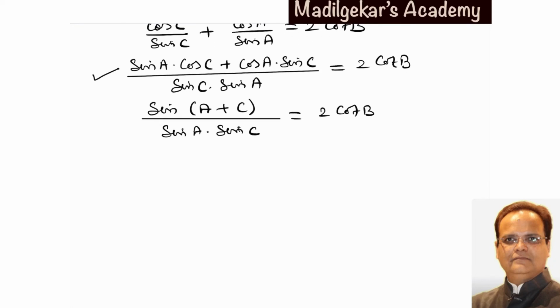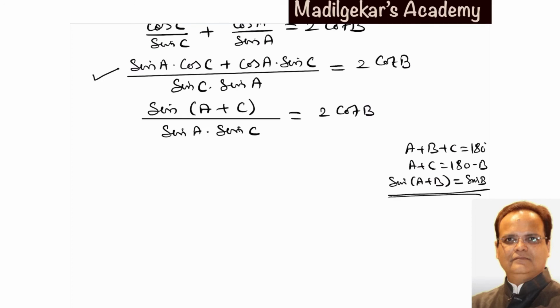Since ABC is a triangle, A plus B plus C is 180 degrees. Means A plus C must be 180 minus B. If we take sine ratio, sine of A plus C will be sine of 180 minus B, means sine B. So we can replace sine of A plus C by sine B.